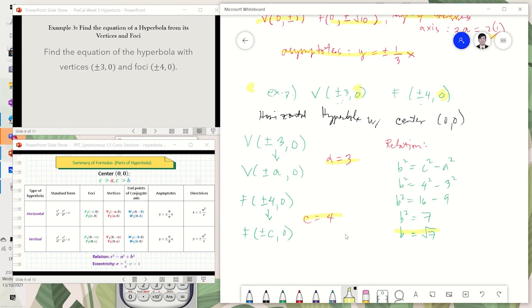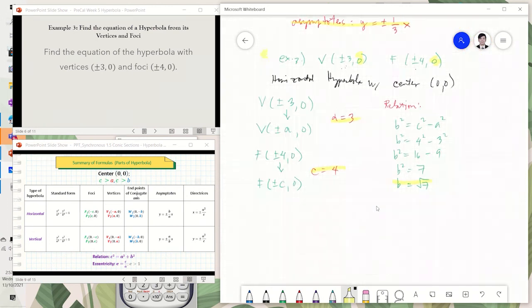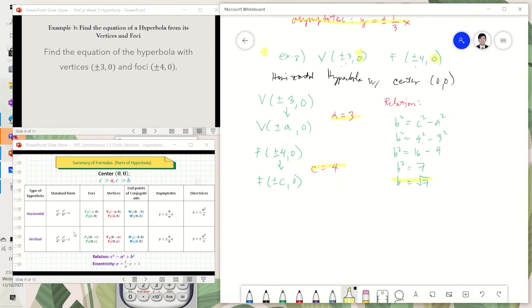You can already come up with the equation of the hyperbola. And remember, this is a horizontal hyperbola with center at 0, 0. So you just have to substitute.